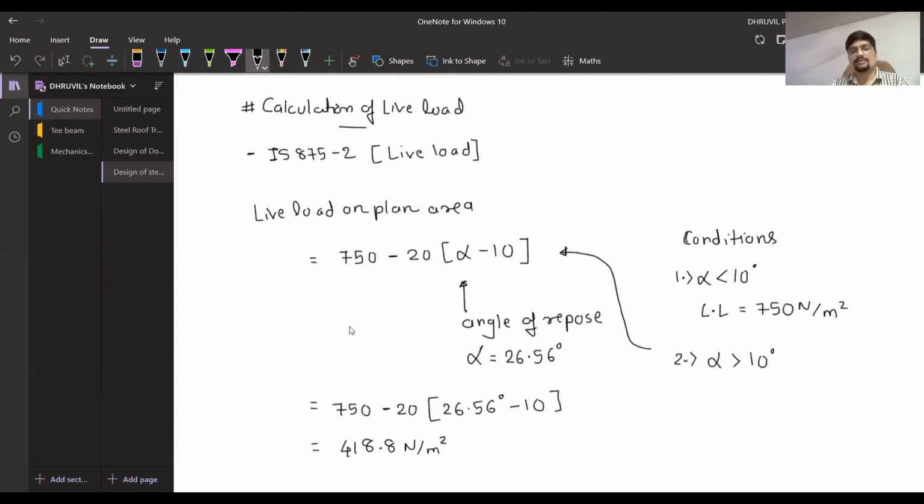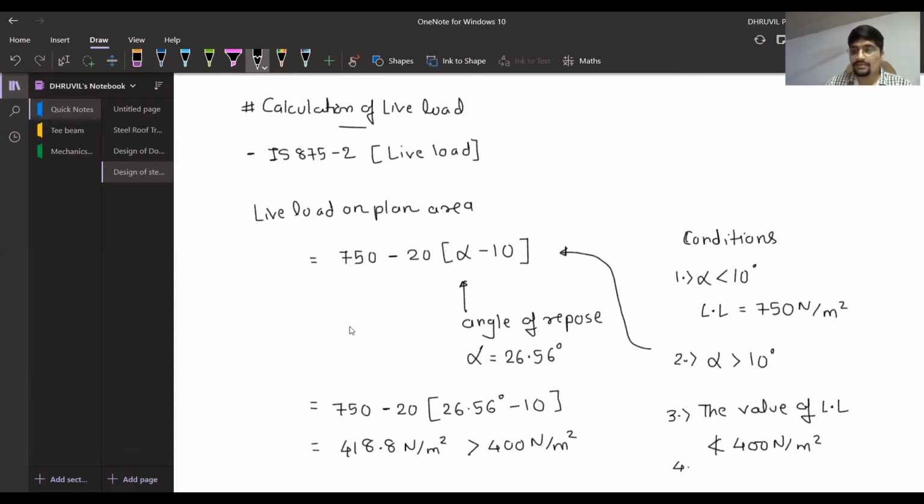Now, note something here: this value should be greater than 400 Newton per meter square. The third condition is that the value of live load should not be less than 400 Newton per meter square.